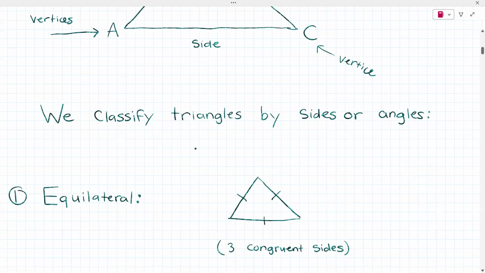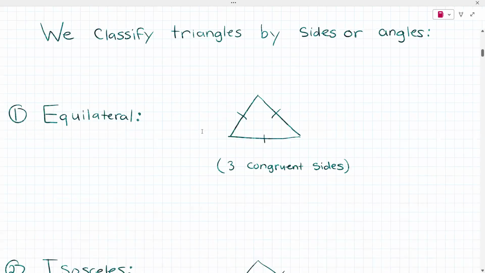Okay. So we can classify triangles by their sides or angles. So here on one, we have what's called an equilateral triangle. That means all sides are congruent. And I also want to say if you have an equilateral triangle, you most likely have a 60-60-60 degree angle. Because all sides are congruent, it also means the three angles are congruent.